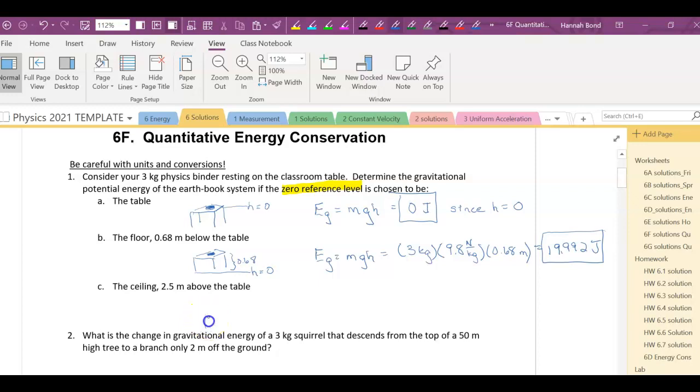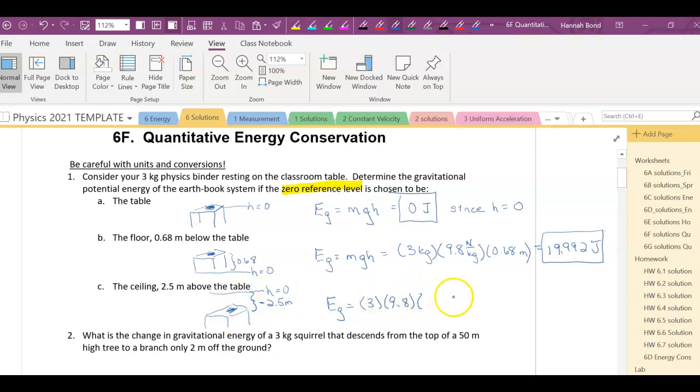What if we still have the table with the book sitting on it, but now we're saying that the reference level of 0 is set at the ceiling, which is 2.5 meters above the table. So now the book is actually 2.5 meters below that reference level. So now the gravitational potential energy would be its mass times g times the difference in height.